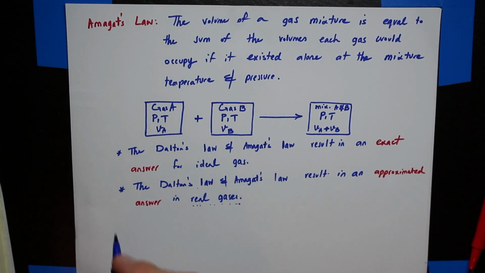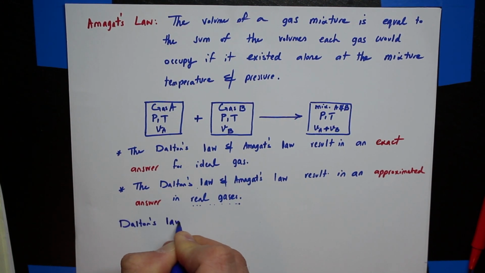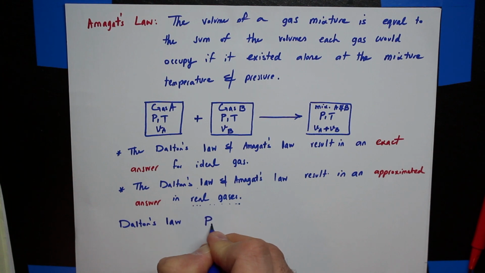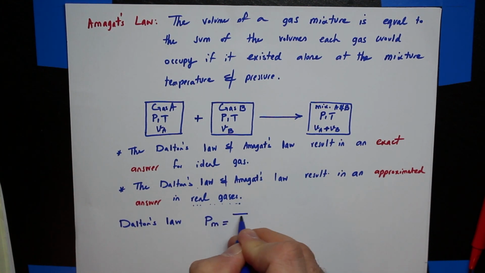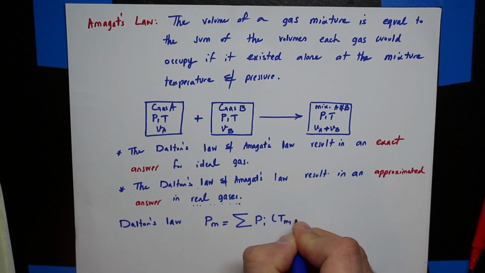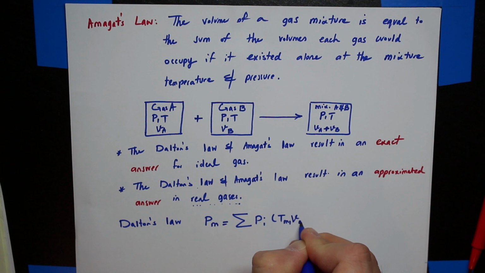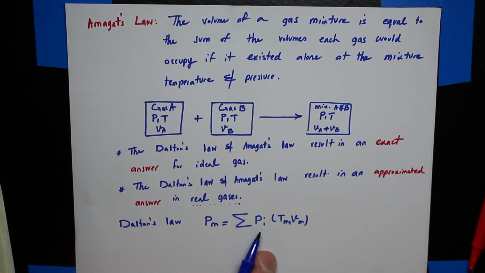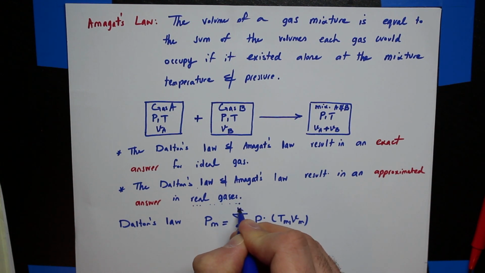Now, Dalton's law can be written as Pm, the pressure of the mixture, is equal to the sum of the pressure of each component at the temperature of the mixture and at the volume of the mixture. It's very important that the pressure of each component be evaluated at the temperature of the mixture and at the volume of the mixture. And this i goes from 1 to k, the number of components that we have.